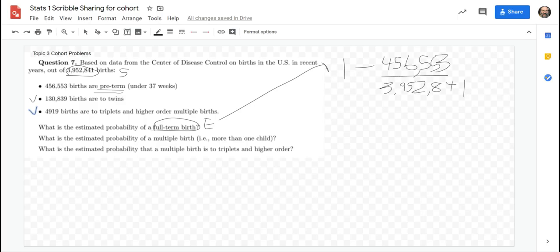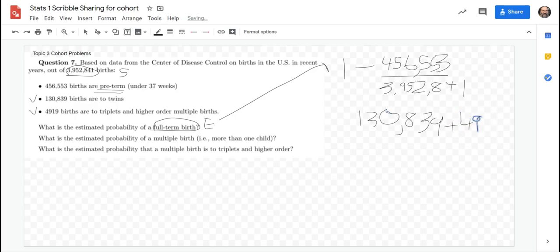More than one child is twins, triplets, and higher. So again, we take the frequency, that is the total number of twins, and the total number of triplets and above.